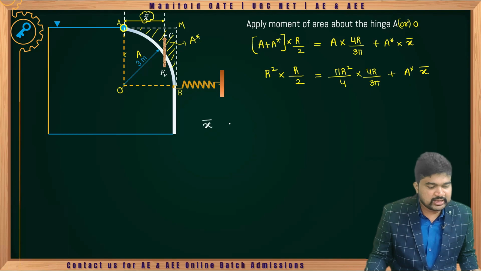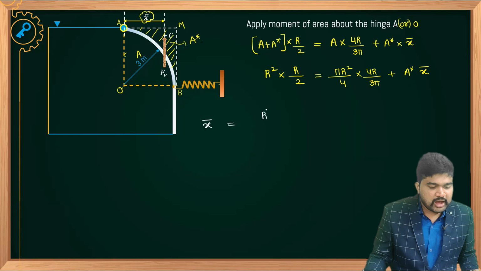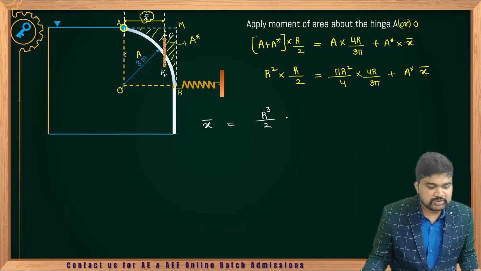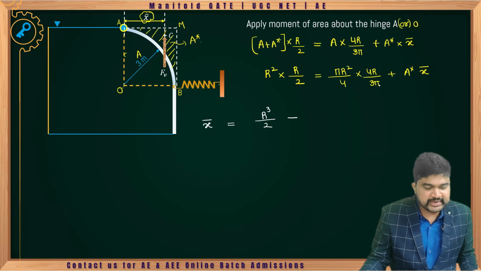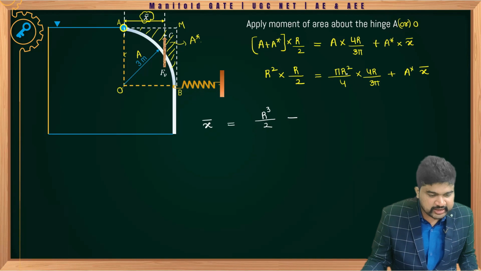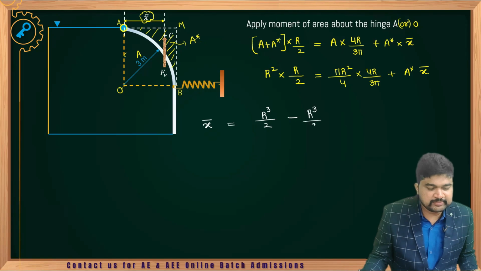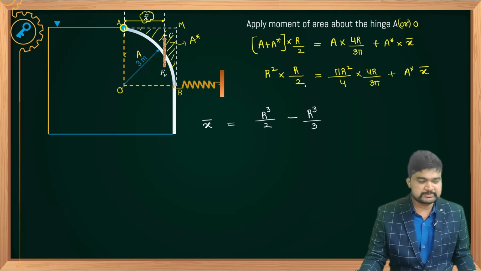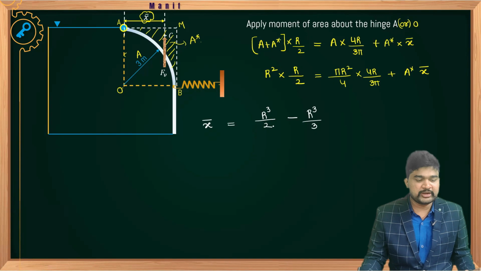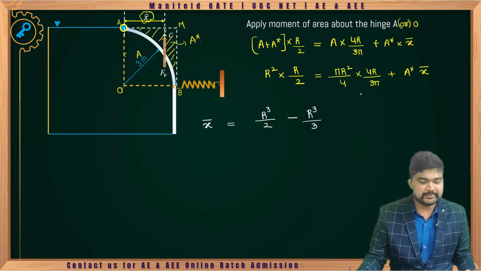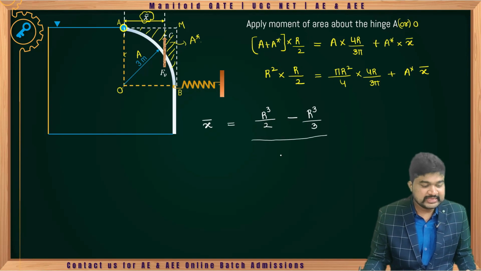X bar is equivalent to R cube by 2, minus, pi gets cancelled out, 4 gets cancelled out. Finally, how much will you be getting? 4 pi R cube by 3, so R cube by 3. Correct? So this part, R cube by 2 minus R cube by 3, divided by A star.